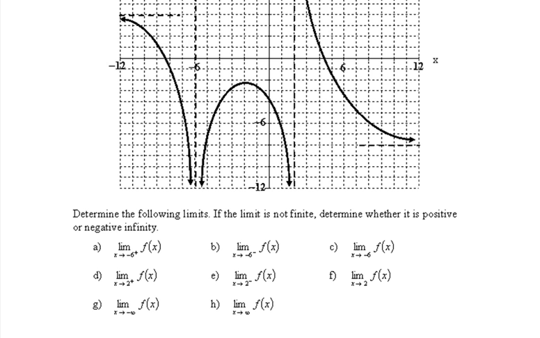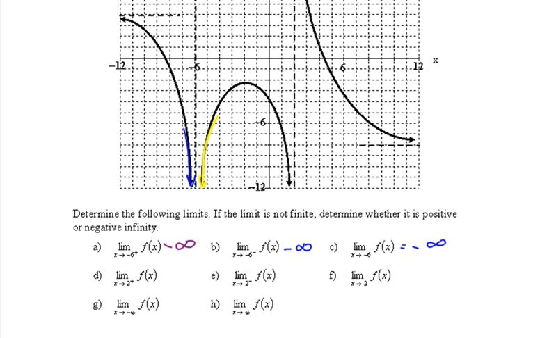Okay, together. Limit as x approaches -6 from the right. Easy. -6 from the left. Negative infinity. So what approaches -6 if from both sides it's negative infinity? Negative infinity, right?